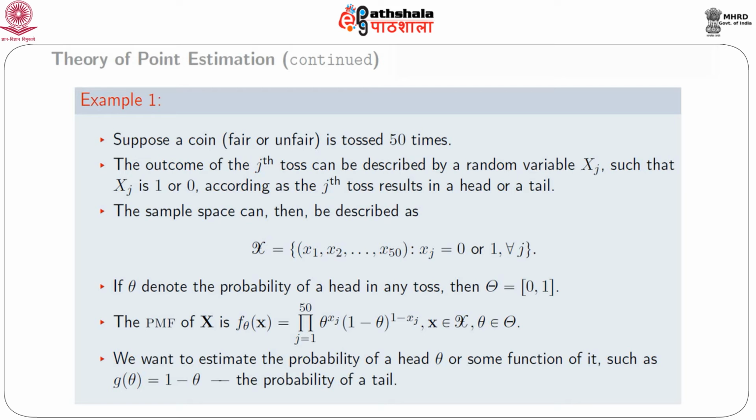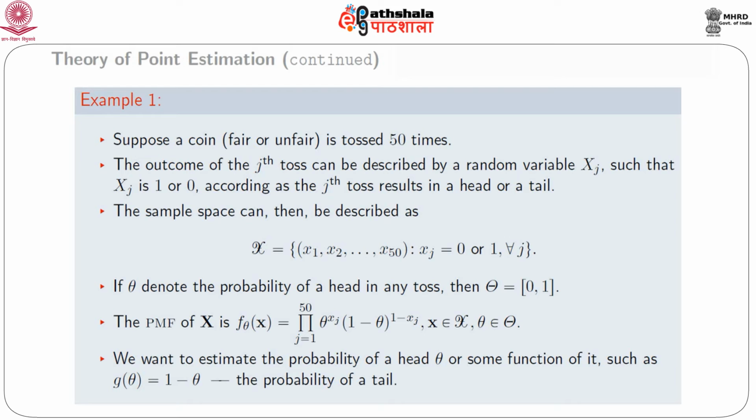The sample space can be described as script X equals the set of all (x1, x2 up to x50), where each xj is equal to either 0 or 1 for all j. If theta denotes the probability of a head in any toss, then script Theta is equal to the interval (0, 1).